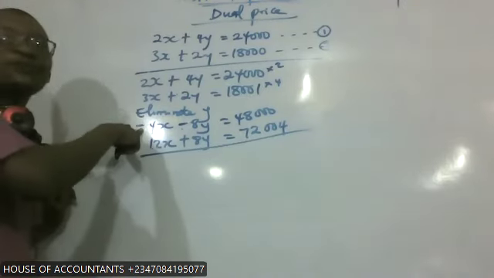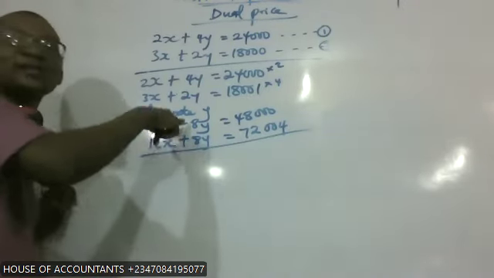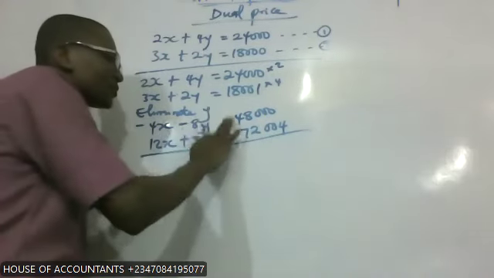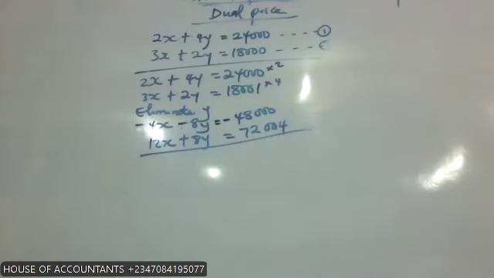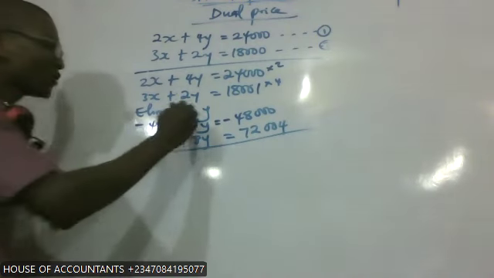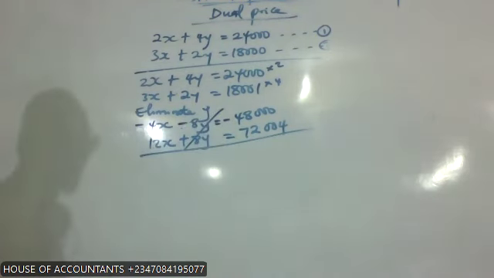Negative times plus is negative. Do we get that now? This one will cancel out.